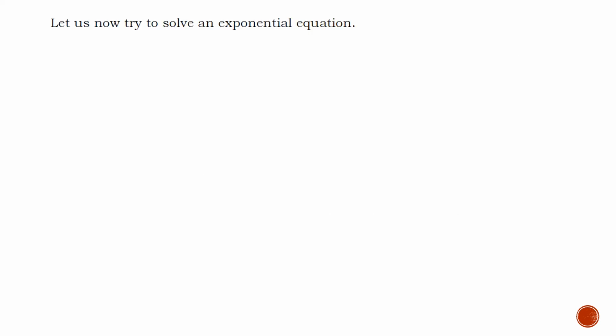Okay? So now, let us try to solve an exponential equation. Example number 1, we have here 2 raised to x times 2 raised to 3 plus 2 raised to 2 equals 5. So in this case, we are going to solve for the value of x.